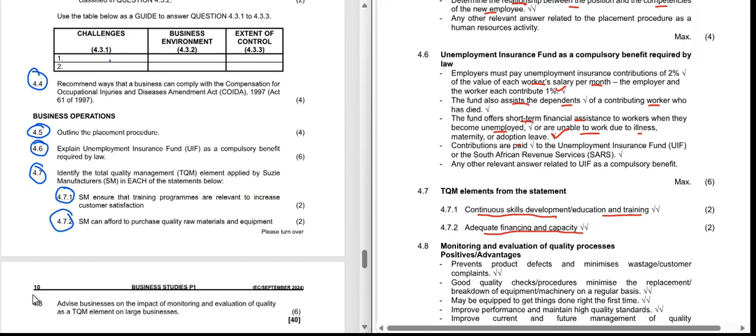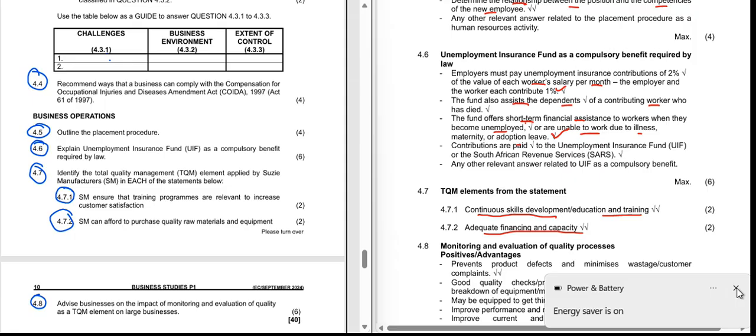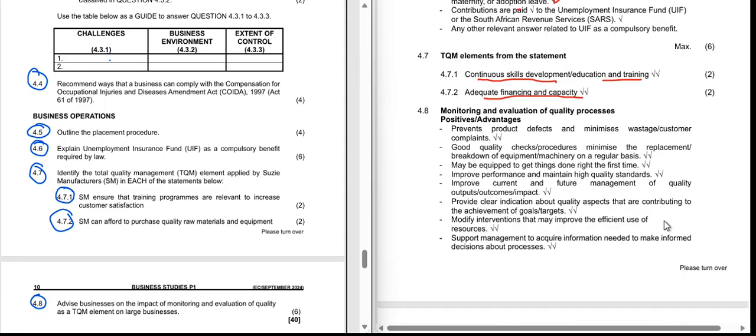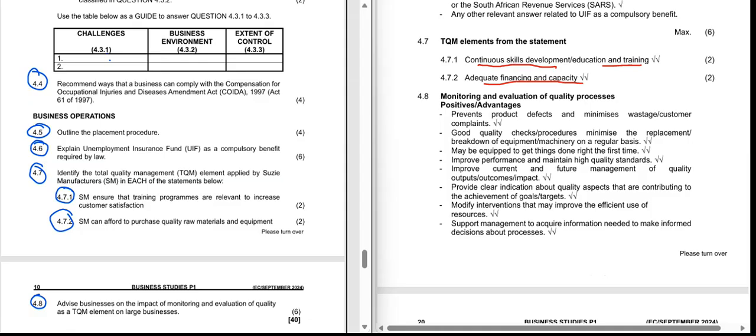Advise on the impact of monitoring and evaluating quality as a total quality management element on a large business. Okay, so let's look at the points that we have here. Prevents product defects and minimizes wastage or customer complaints.